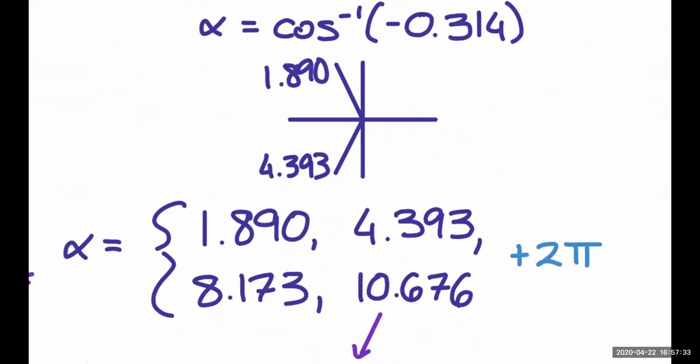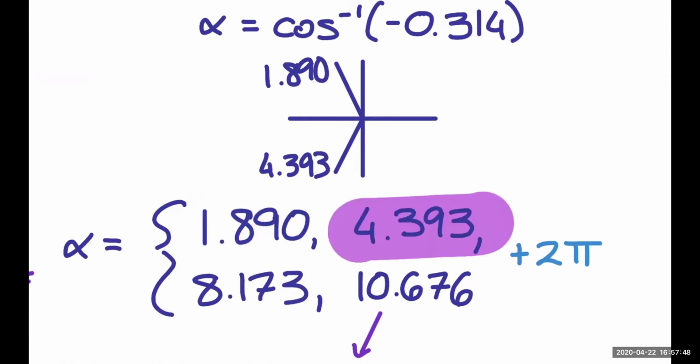And so then I am writing down those 2 solutions, and because we have in the original problem a 2 theta, that means that we need 2 rotations around the unit circle. So I'm going to add on 2 pi onto both 1.89 and 4.393, right? Adding 2 pi onto both of those gives us 8.173 and 10.676.